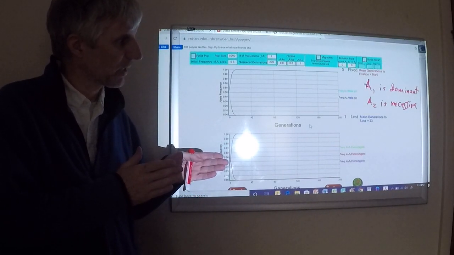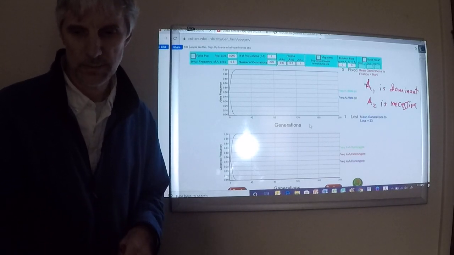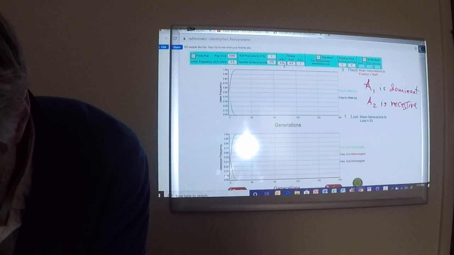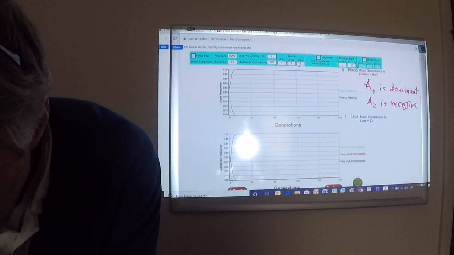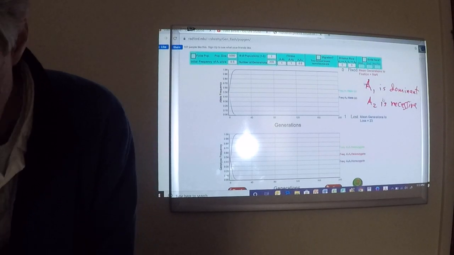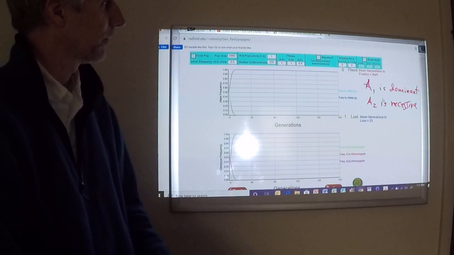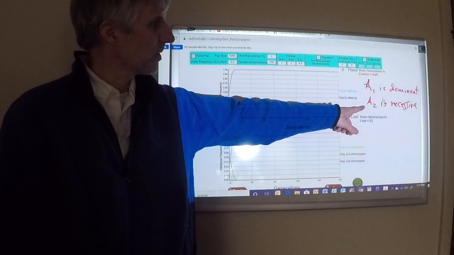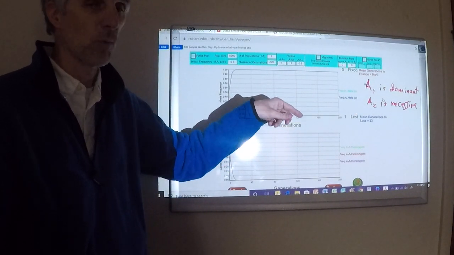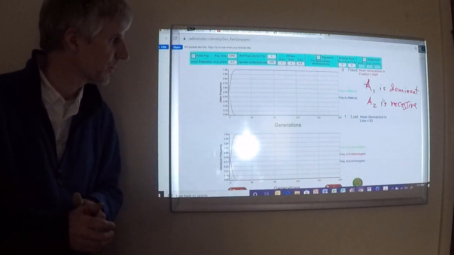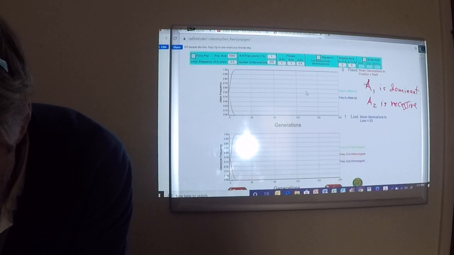Now let's do selection against the recessive allele. So to do that, we just say that anybody that has the dominant allele has a higher fitness than people that have the recessive allele. If you have 2 copies of the recessive, you have 60% of the fitness of individuals that have an A1. Doesn't matter if they have 1 or 2, do they have an A1?